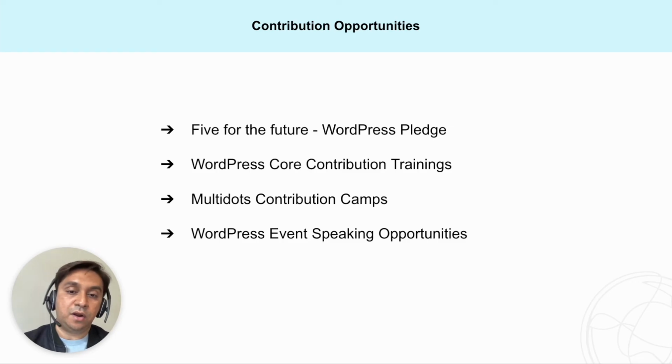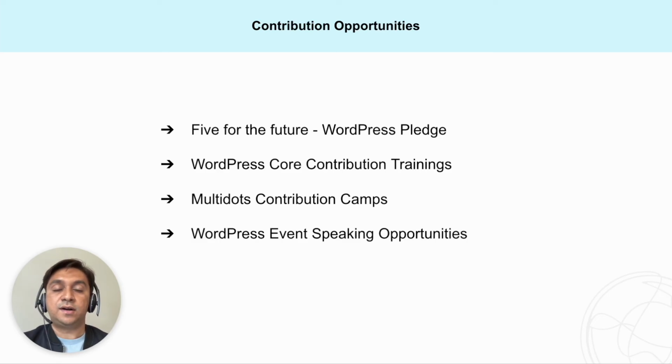We also schedule a lot of internal workshops for core contributions, right? So if you are new to WordPress contribution and want to learn, you can join one of these workshops and learn about how to contribute. We also had a great initiative called contribution camps.